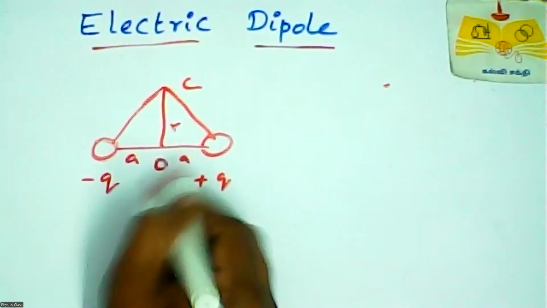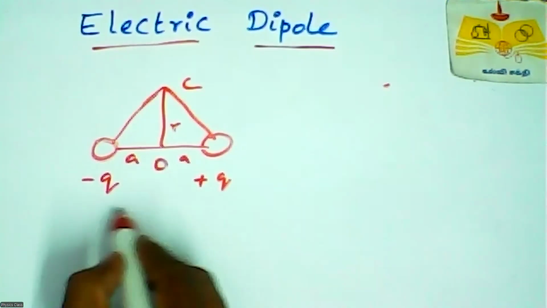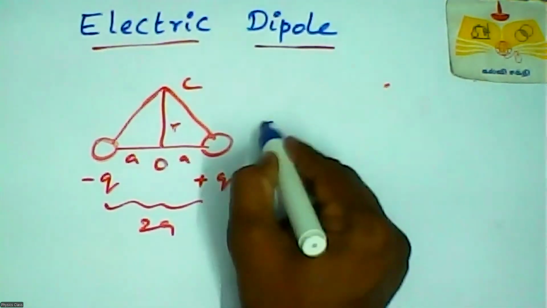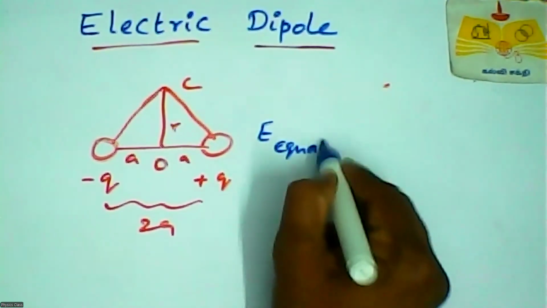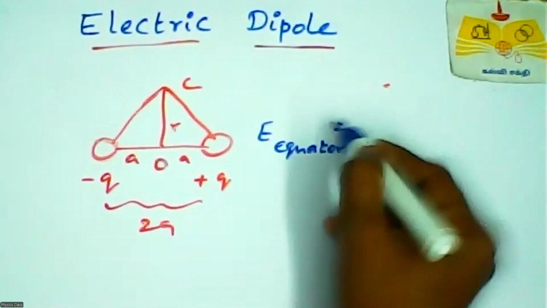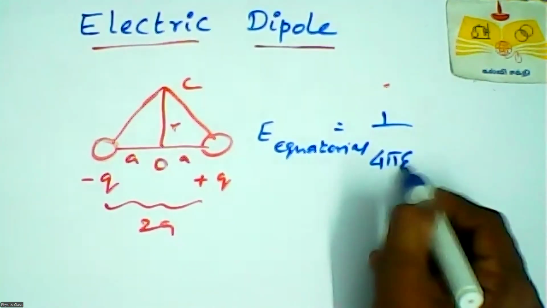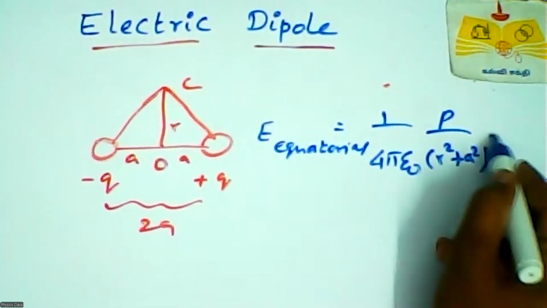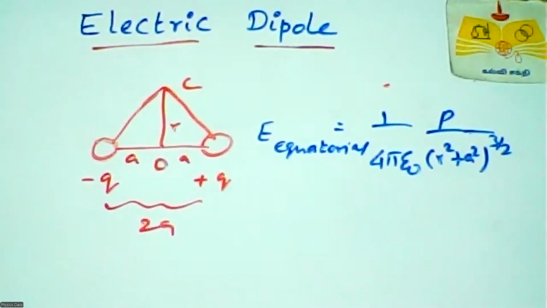This is A, this is A. Plus Q, minus Q at A distance. For the equatorial plane, we will get 1 by 4 pi epsilon naught P by (R square plus A square) the whole power 3 by 2. This is the expression for the equatorial plane.